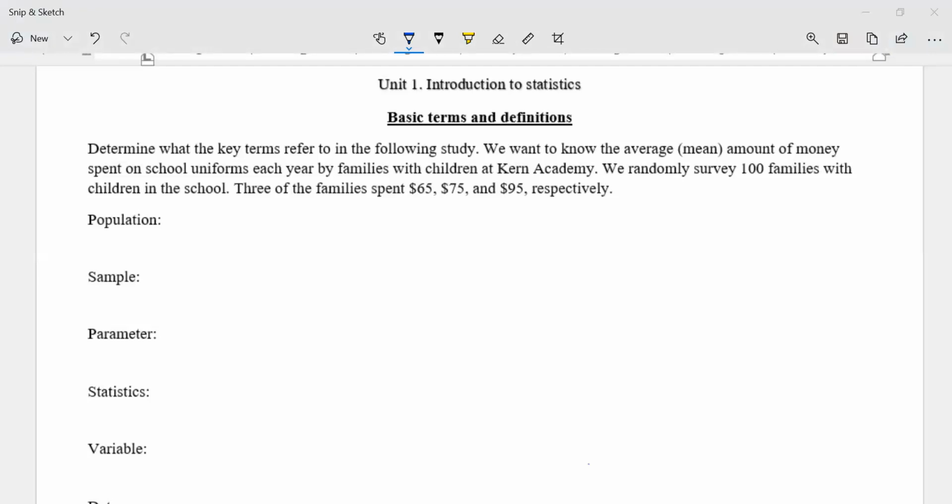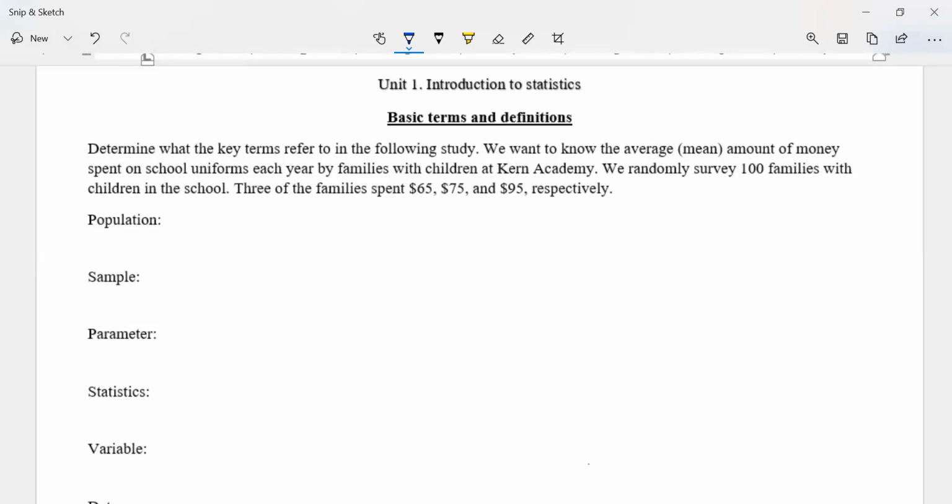So coming back to our work here, remember parameter was describing the population. Statistic is going to describe the sample. Okay, so what I would write for statistics would be the average amount of money spent on school uniforms each year by families with children at Kern Academy in the sample. That's what I would write.